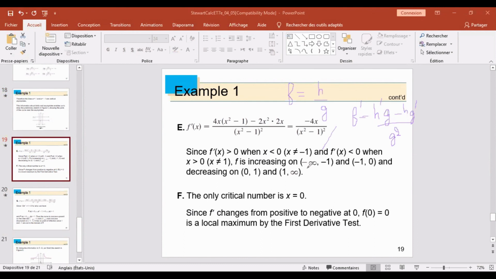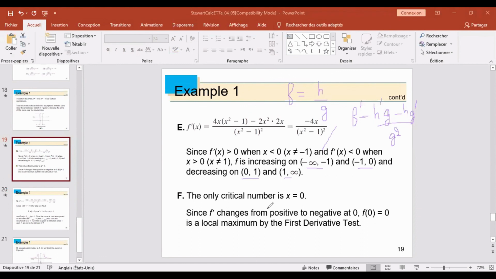Then your function is increasing here in the left of 0 and is decreasing between 0 and 1 and from 1 to infinity. We have just one critical number, which is 0. Obviously, we have 0 as critical number because the function is not defined in 1 and -1.